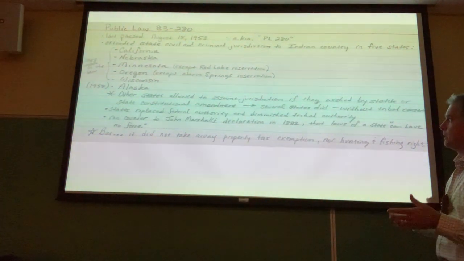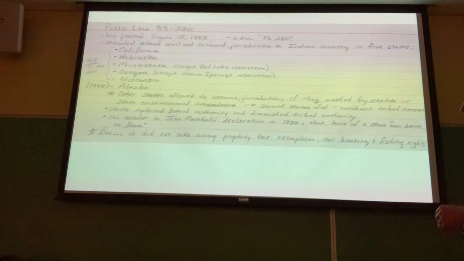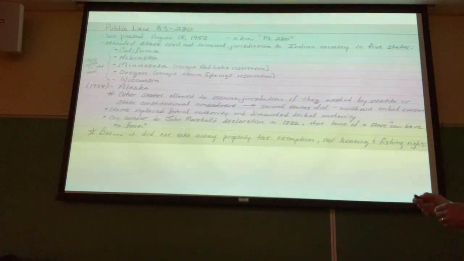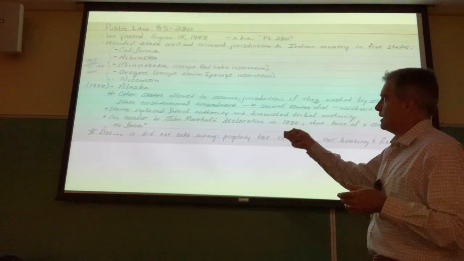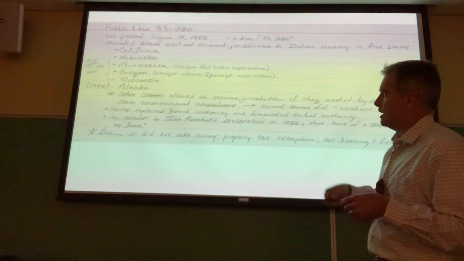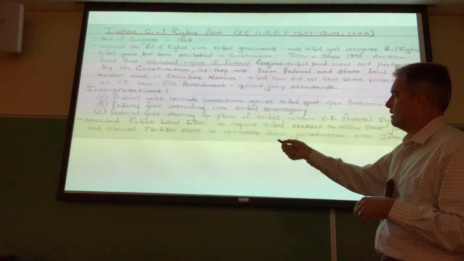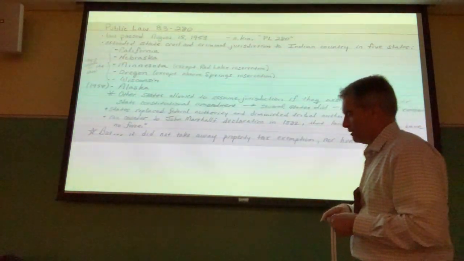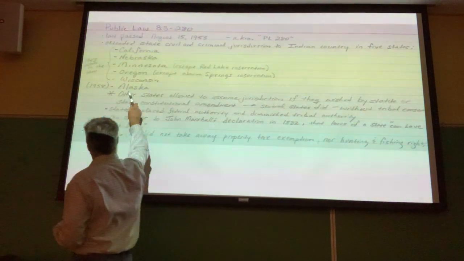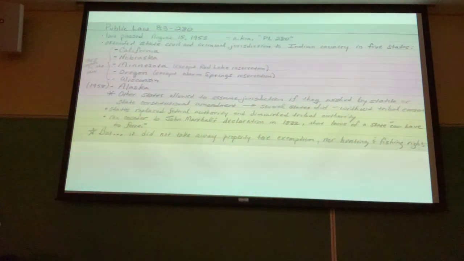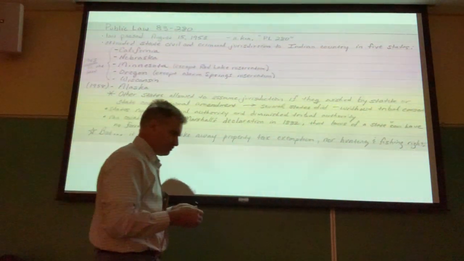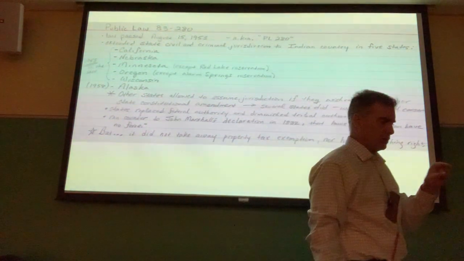So we've talked about PL 280 a little bit. I think we've covered that enough. So for the exam, I want you to be able to identify all of the PL 280 states. I want you to know that Alaska was the one that was added later, 5 years later. And what did PL 280 do? It did what Congress is authorized to do.